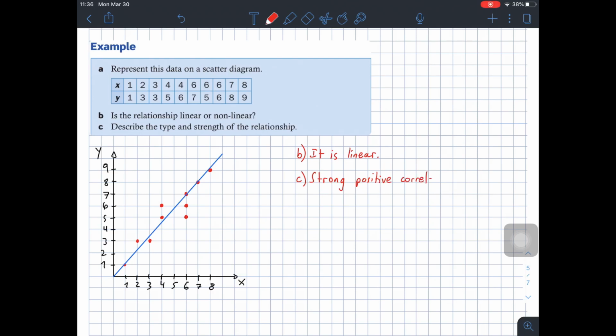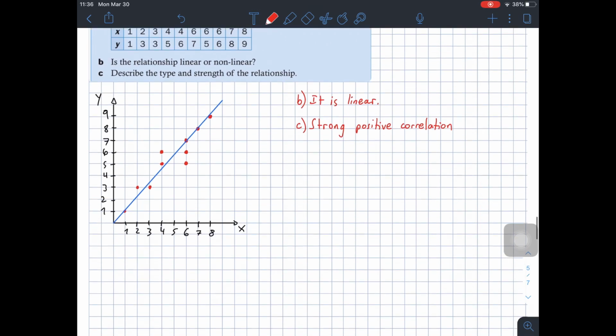Later on, we're going to see how to exactly determine this descriptive word, strong, moderate, or weak. We're going to see how to numerically determine that.